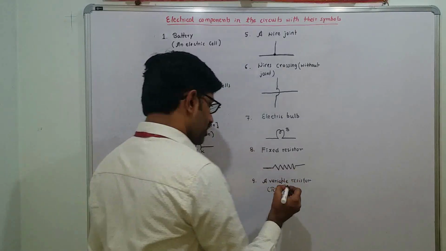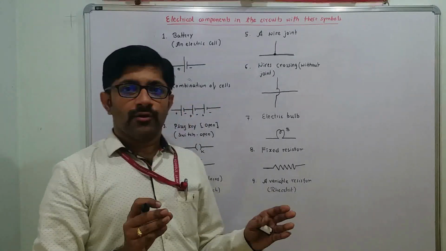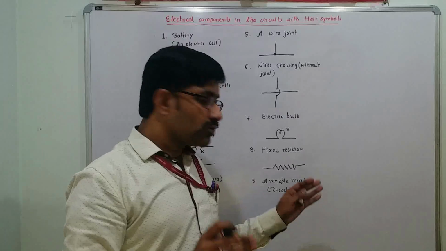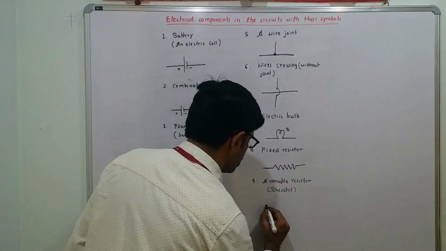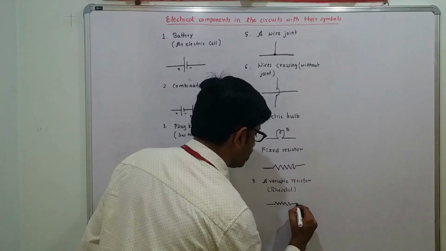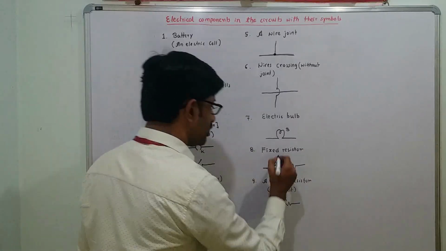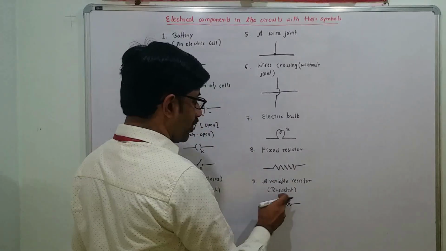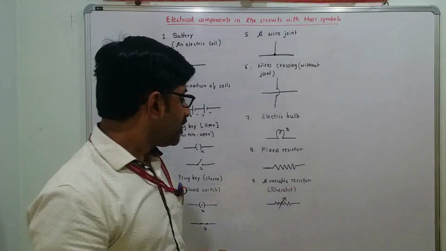In this type of resistor, you can vary the values from one range to another. It can be symbolized like this. The only difference from the above diagram is the arrow mark, which is the indicator of the variable resistor.